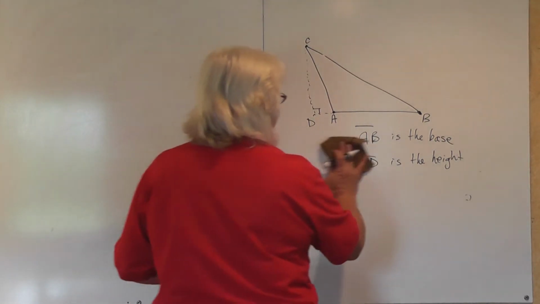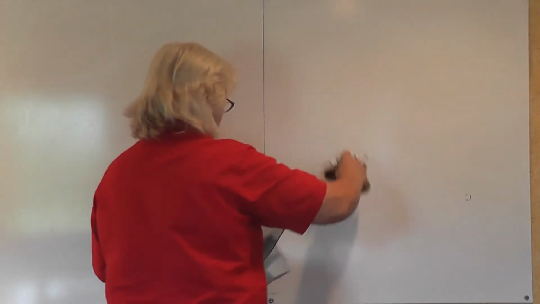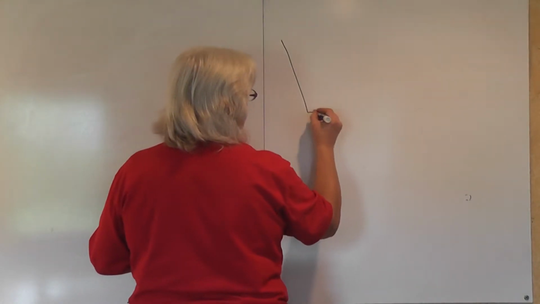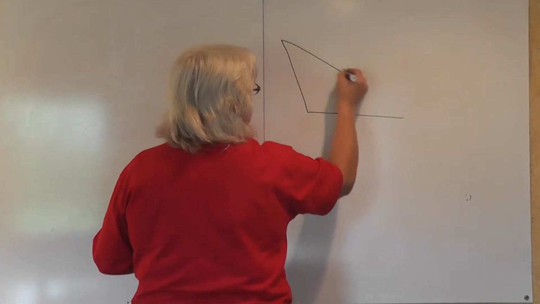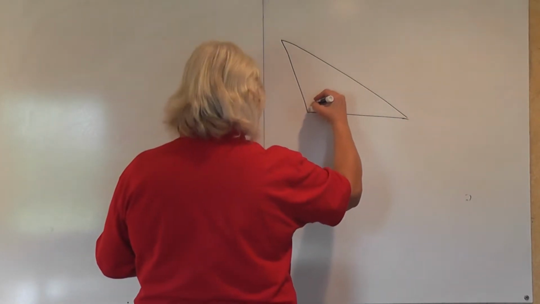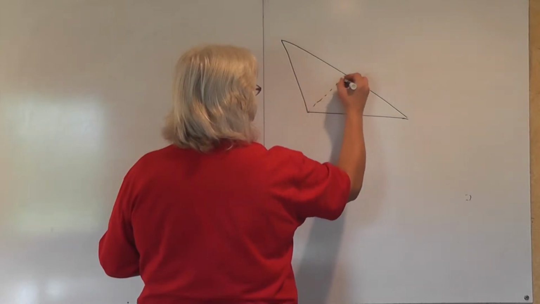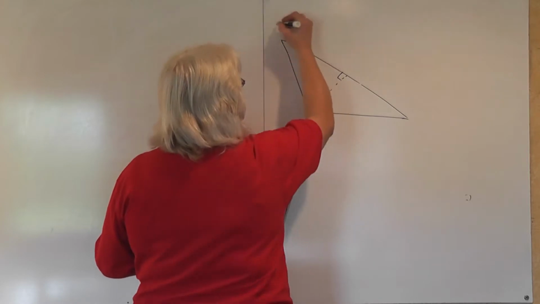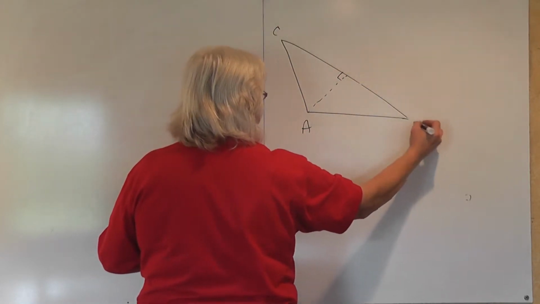Let's do this next triangle that we have here. Okay, this one sort of looks like this. Similarly drawn. Actually, they're going to be all drawn similarly. Now we have A, C, B for the vertices.